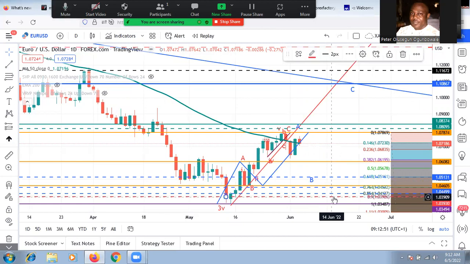Of course, I don't expect its own flat to run below here. That would mean something else, because we have not finished the structure. It should give us a propensity for more upside. So from 61, 78, 85, and 90 are the likely levels where we might see a push-off of B.